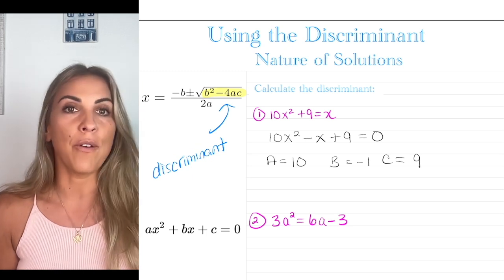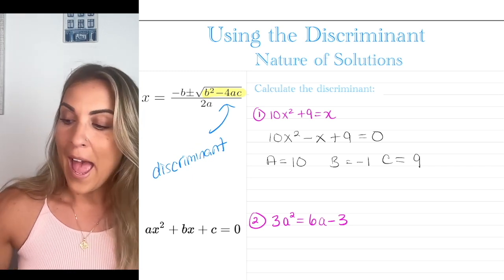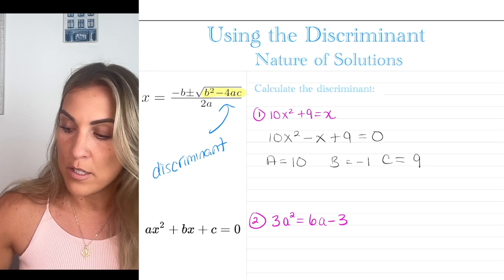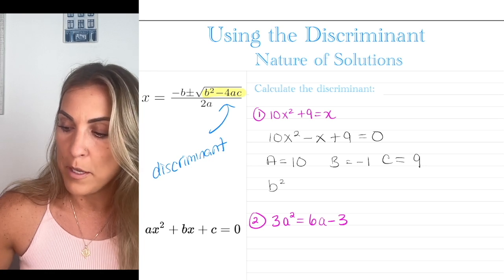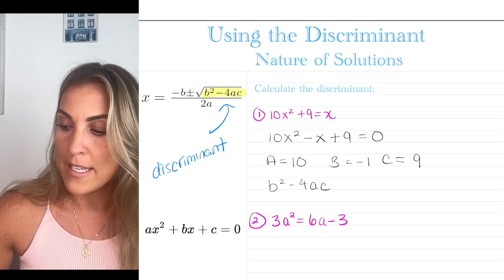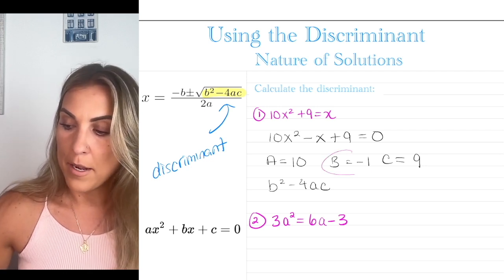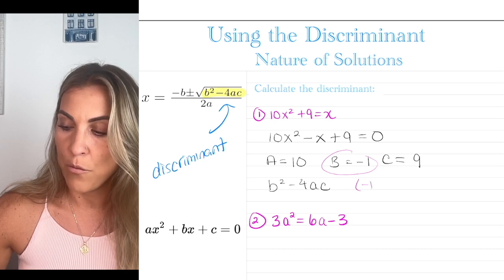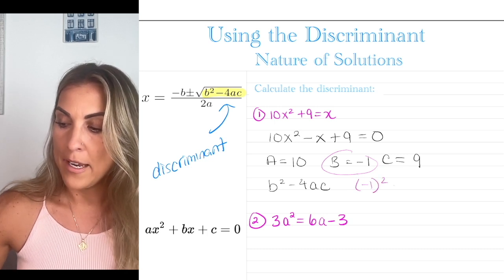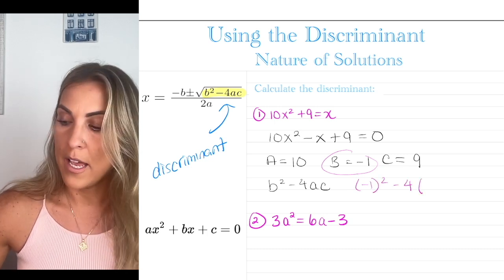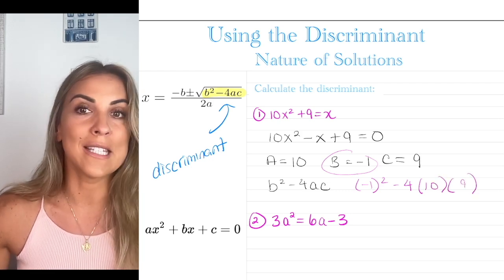Now that I've identified what my A, B, and C are, I can take them and substitute them into this discriminant that I have highlighted over there. So B squared minus 4AC. Let's substitute into that. So instead of writing B squared, I'm going to take this B value here. So it's (-1) squared minus 4 times A, which is 10 for me, times C, which is 9 for me.